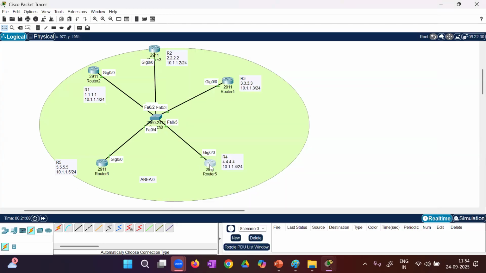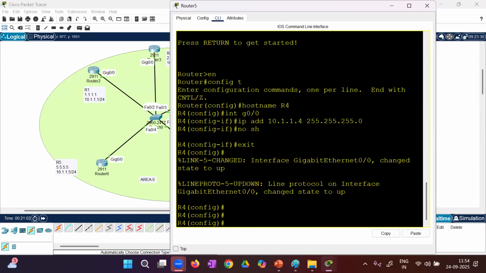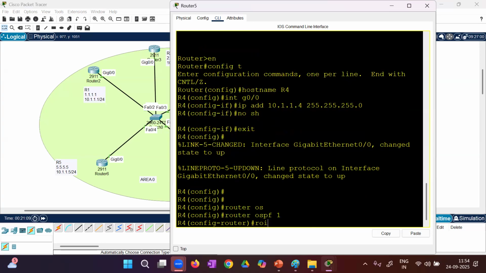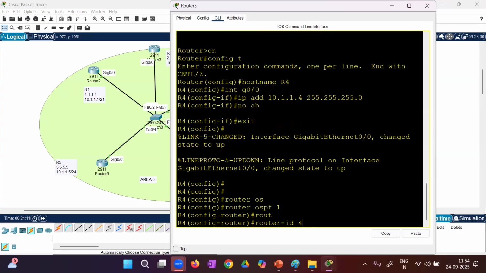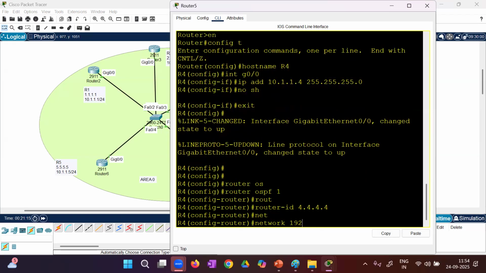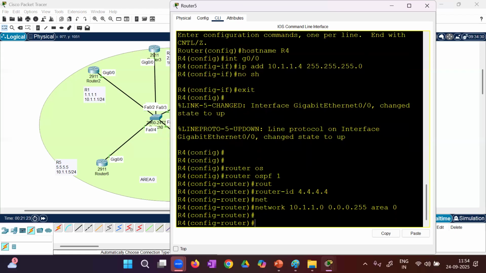Come to router 4. Router OSPF 1. Router ID 4.4.4.4. Network 10.1.1.0, 0.0.0.255. Area is 0. Give exit.